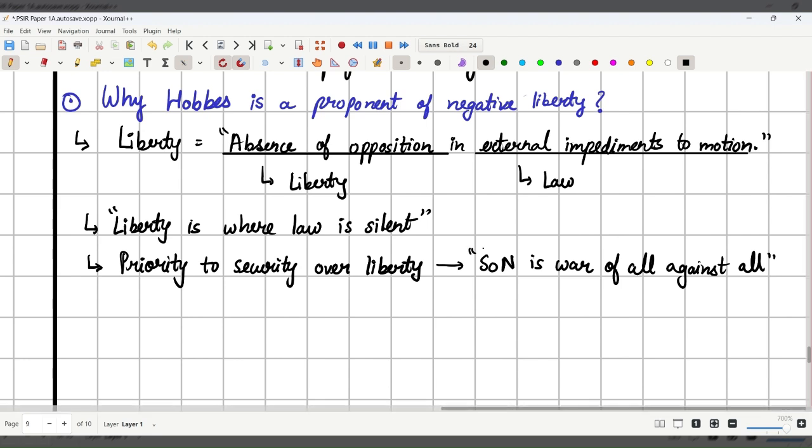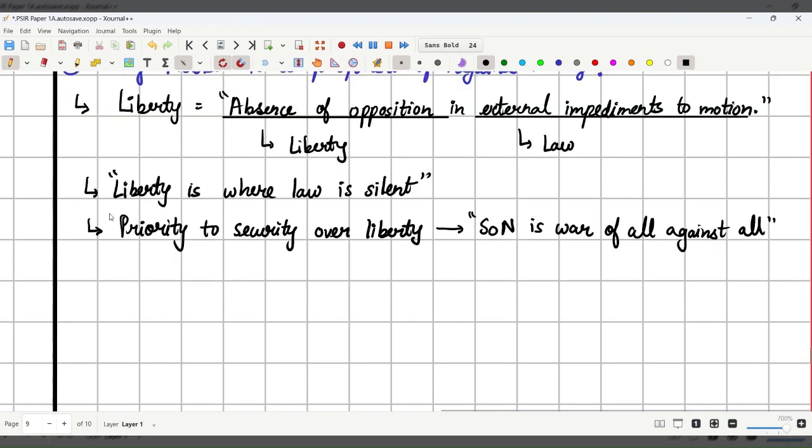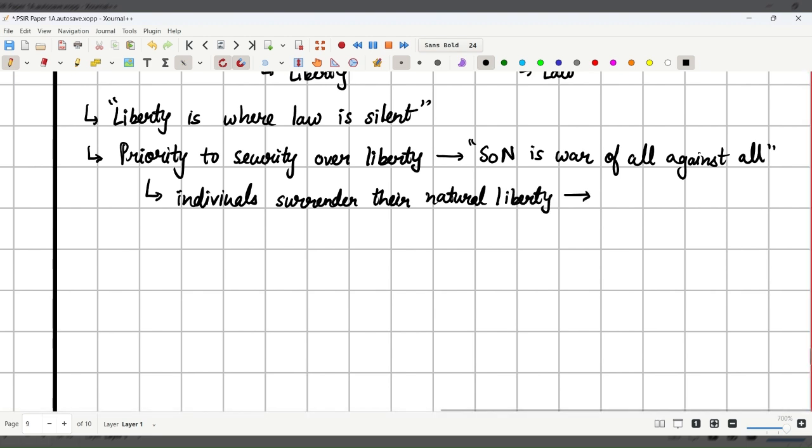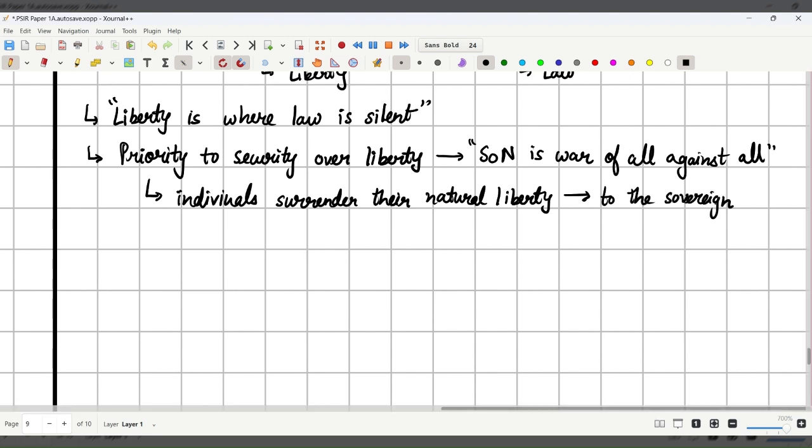So in order to escape the nasty and brutish life in the state of nature, individuals rationally choose to surrender their total natural liberty, and this is by choice, to the sovereign, or to the absolute sovereign, okay.